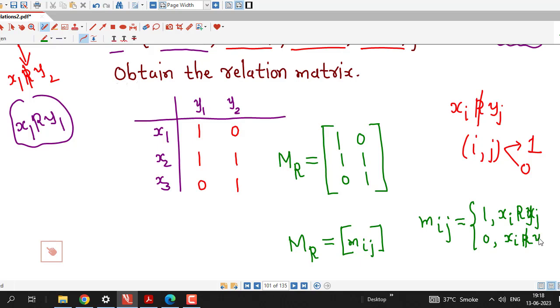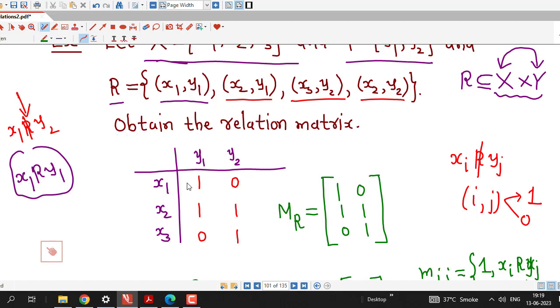Here I assume that I have a relation from set X to set Y, and suppose set X has m elements and set Y has n elements, then we will have an m by n matrix. And if xi is related to yj, we will consider the ijth entry equal to 1, otherwise the entry is 0.